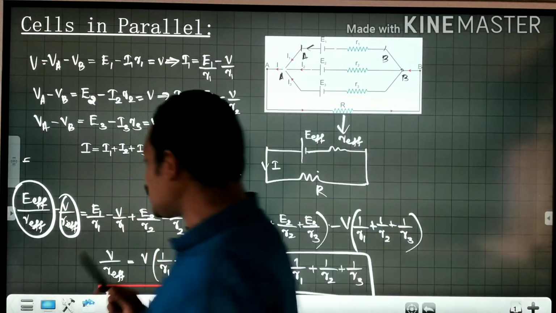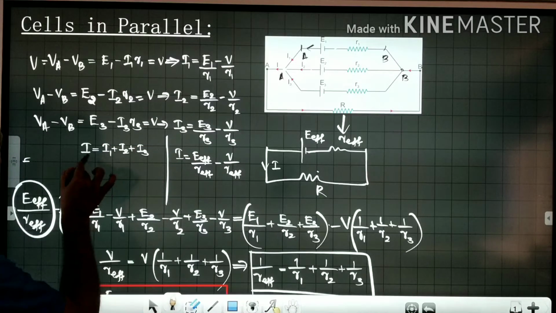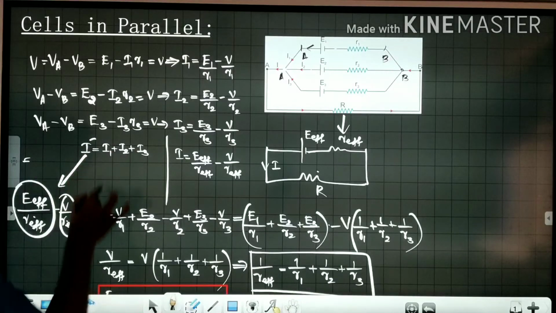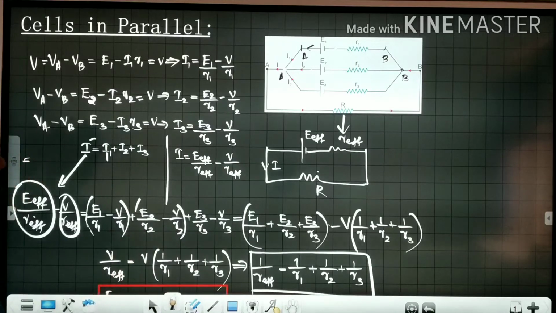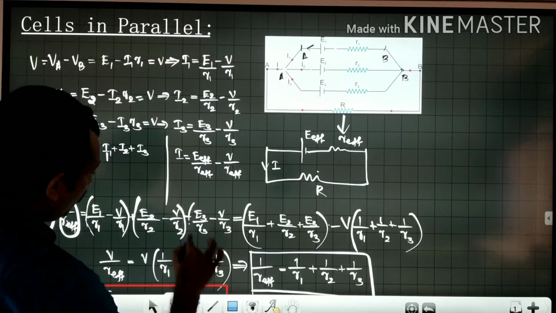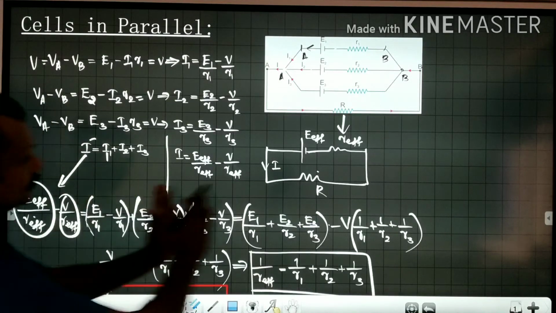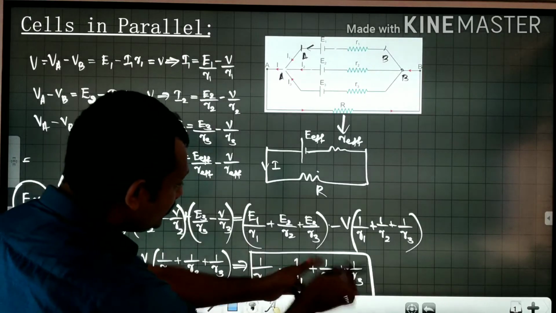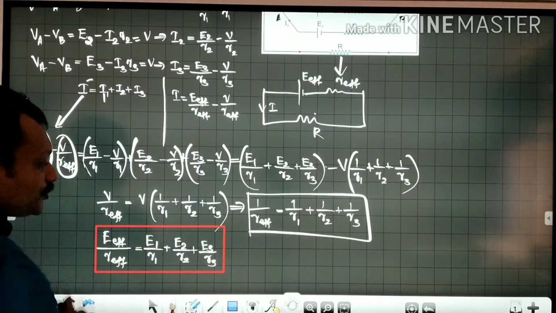Then we equated both sides, substituting for I, I1, I2 and I3. Then I rearranged this expression to get 1 by R effective equal to this, and E effective by R effective equal to this.